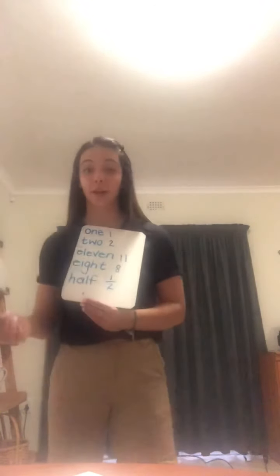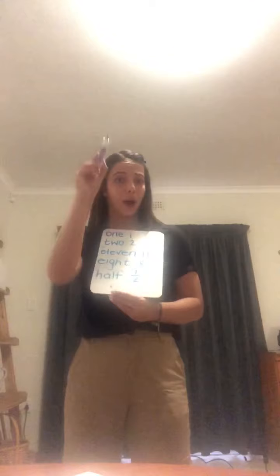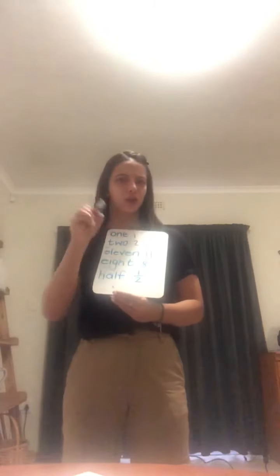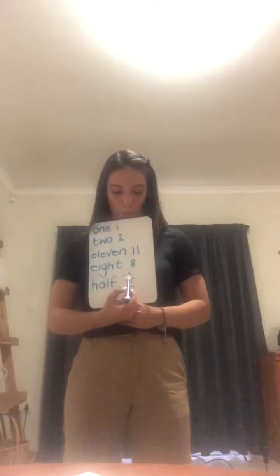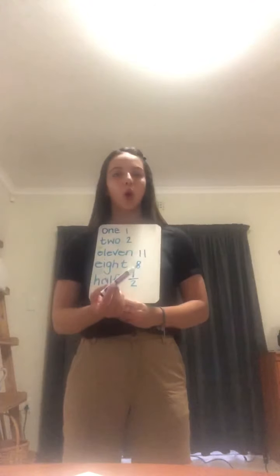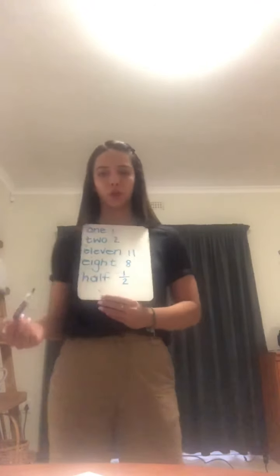Now, what does this mean? 1 line 2, it stands for 1 over 2, or 1 out of 2. So, it is basically saying that this whole banana becomes 1 out of 2 pieces, and this piece of the banana also becomes 1 out of 2 pieces.